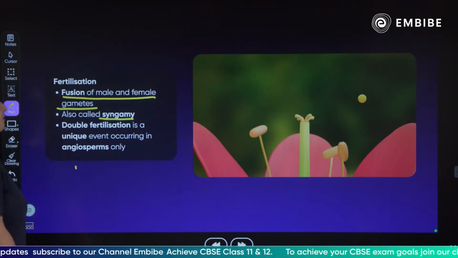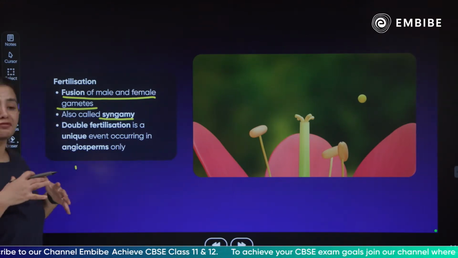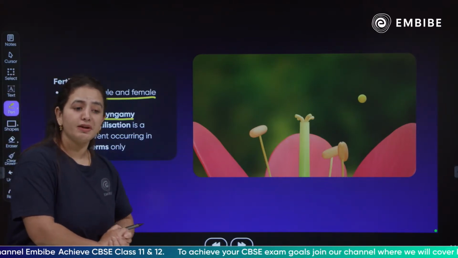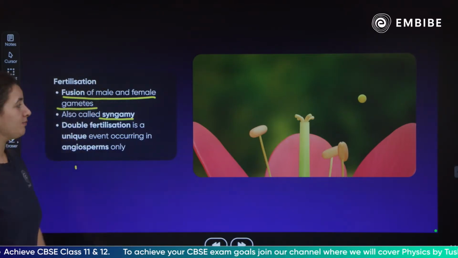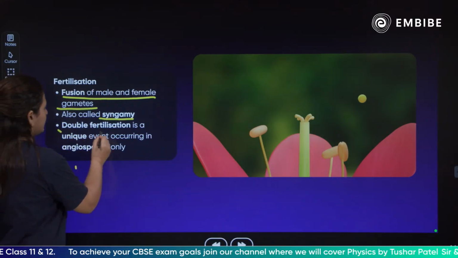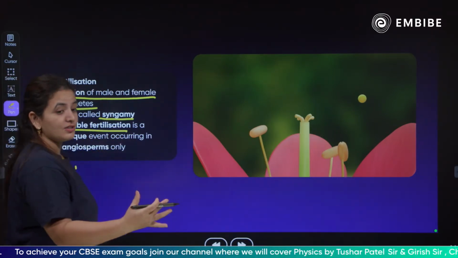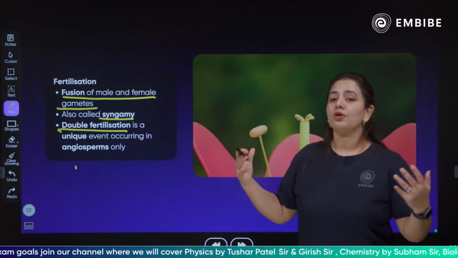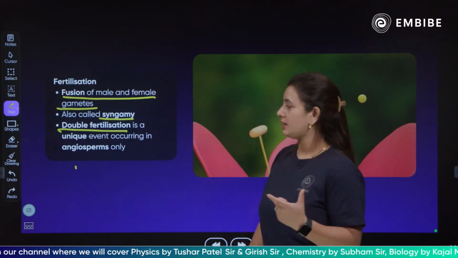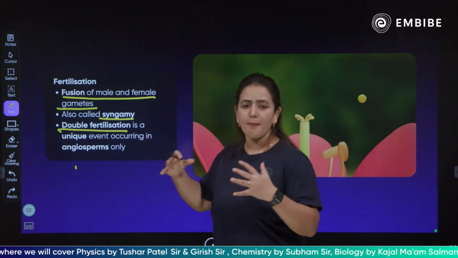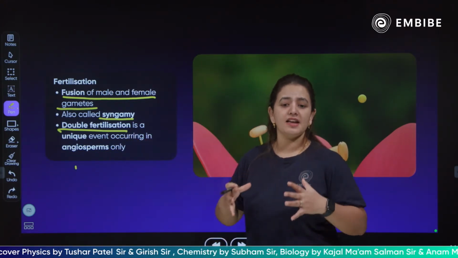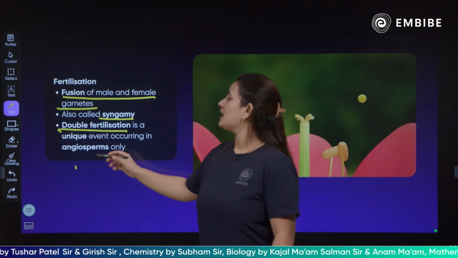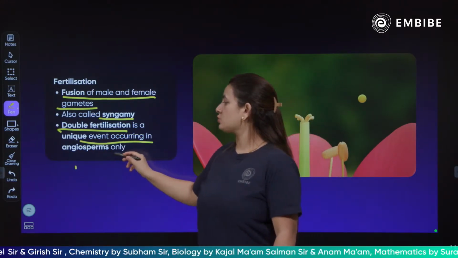Fusion of male and female gamete. Yes, there is a very unique feature of the angiospermic or flowering family, which is double fertilization. What is double fertilization? I will discuss that, but for now I am just introducing you to this word. It is an absolutely unique event taking place in angiospermic plants only.